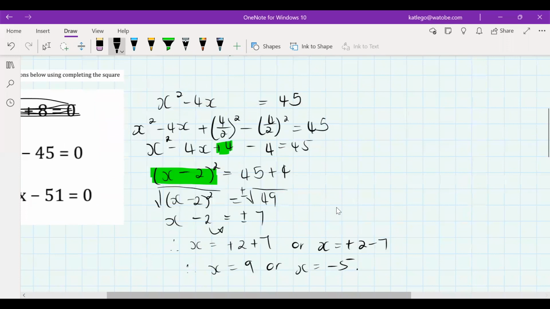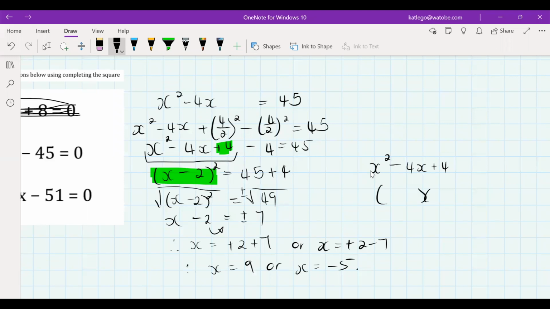Okay, someone says, why did we square root? And someone says, where is x minus 2 squared coming from? X minus 2 is coming from factorizing this part over here. So remember, if you have x squared minus 4x plus 4, then I have 2 brackets, right? It's going to be your x and your x. This one tells you that it's the same symbol on both, and this one tells you that it has to be negative, negative.